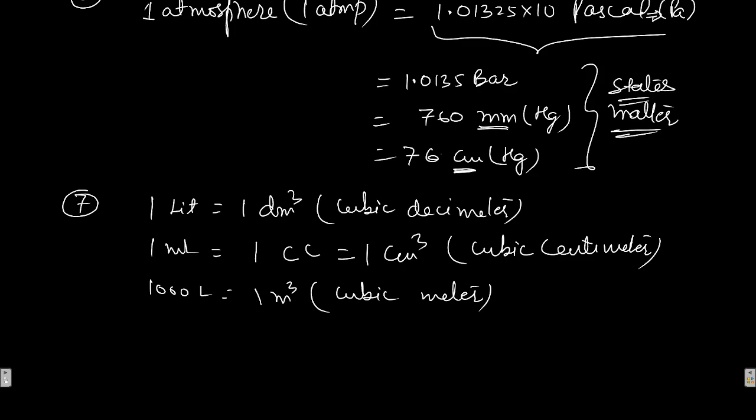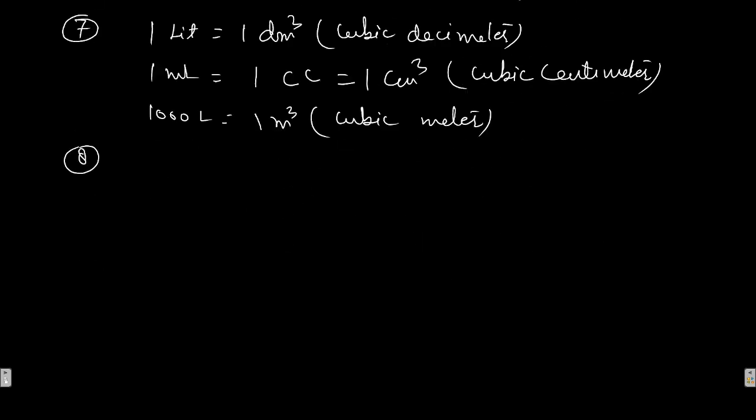So dear friends, we have also talked about R. This R was UGC, the universal gas constant. Its value is 0.0821 liter atmosphere per mole per Kelvin.